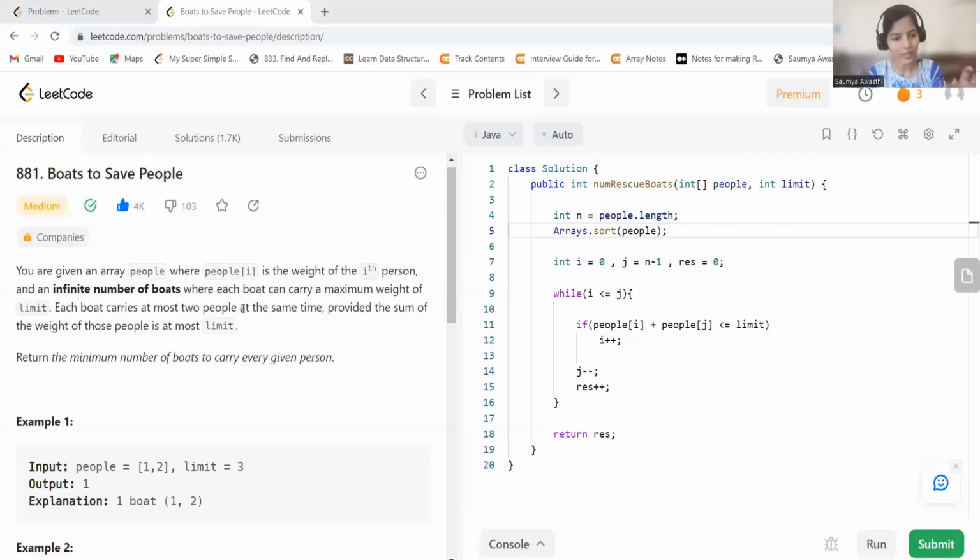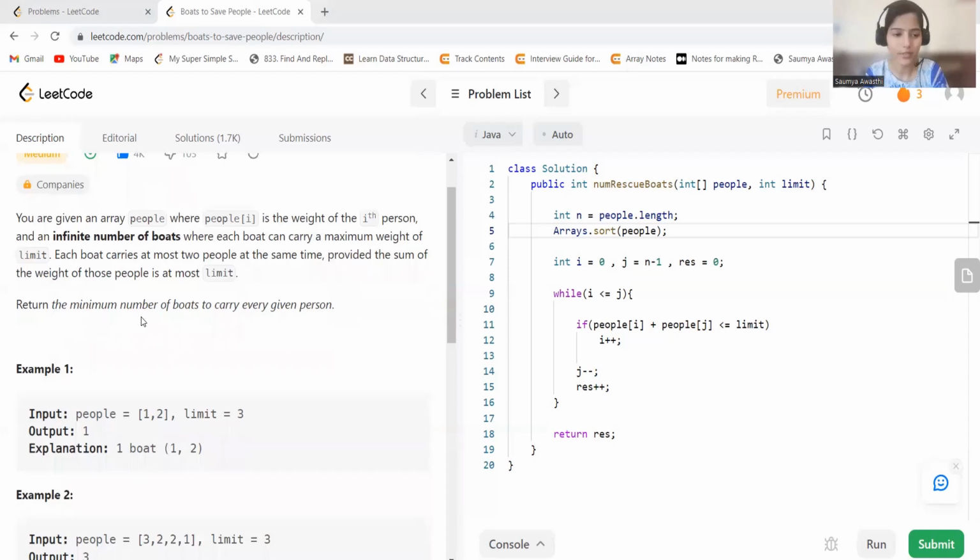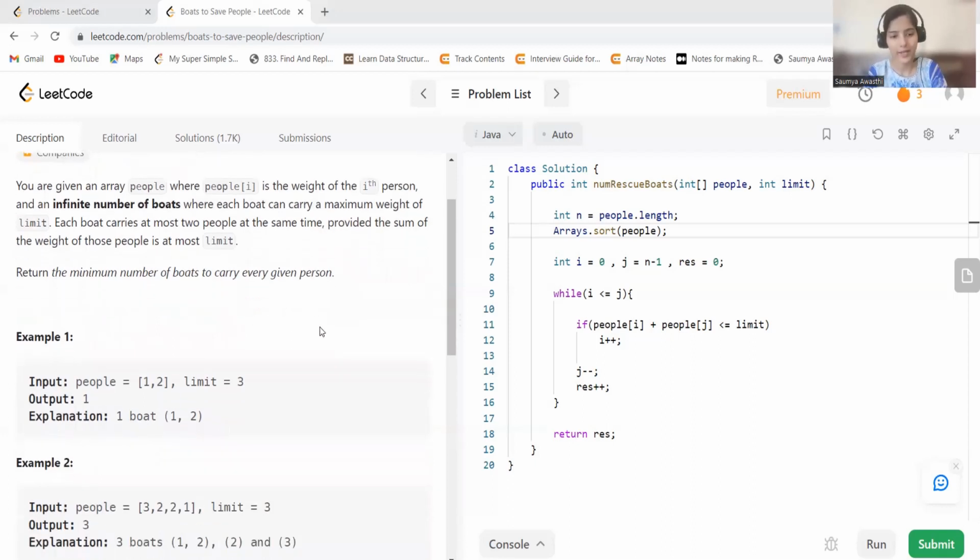So if a boat is carrying two people, the condition is that the sum of their weights should be at most limit, meaning equal to the limit or less than that, right? So what we have to do is return the minimum number of boats to carry every given person.